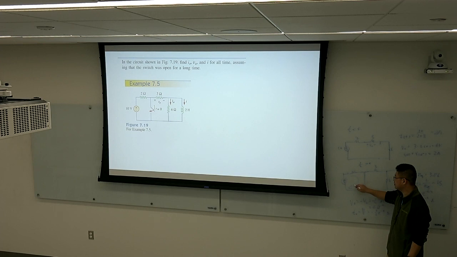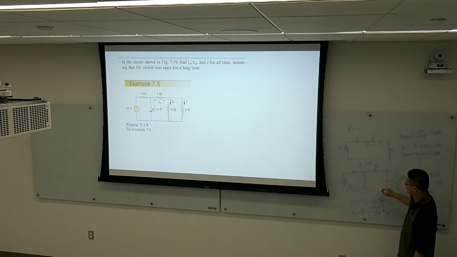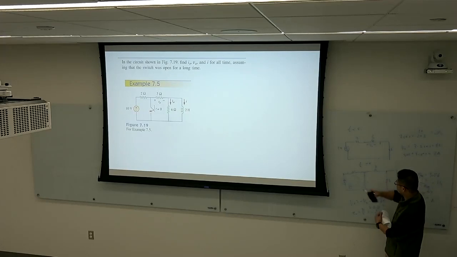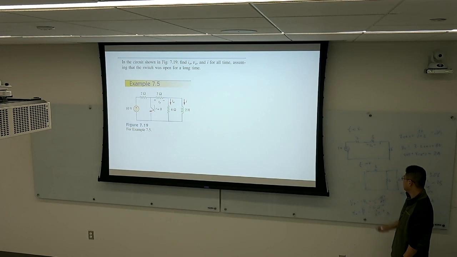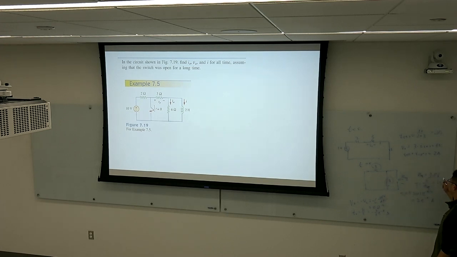This becomes a separate circuit and does not influence the right side of the circuit. So let's calculate the equivalent resistance of the right side. We have 3 and 6 in parallel, so Req equals 2.